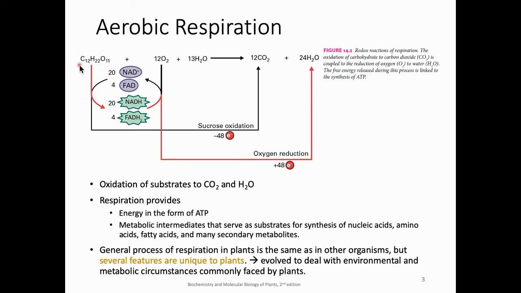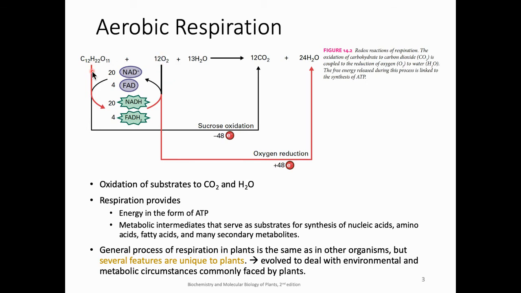The number of carbons is double compared to glucose, C12, and you add oxygen and water. During this process, it's all about redox reaction. What is redox? I mentioned it in the last lecture, right? So sucrose can donate electrons to oxygen.